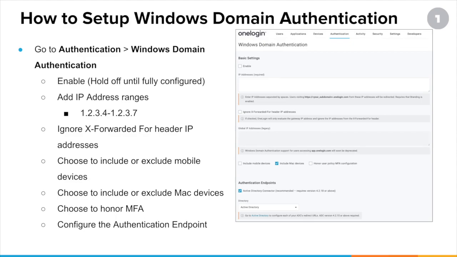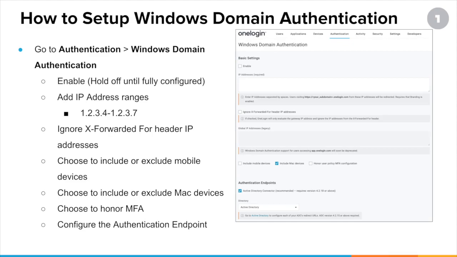And there's that honor user policy MFA configuration. Again, the idea is your users might have user policies that require MFA when they're logging into OneLogin. But by default, when they're being logged in using Windows Domain Authentication, which is what we're configuring here, it doesn't honor that MFA requirement unless you check the checkbox here.